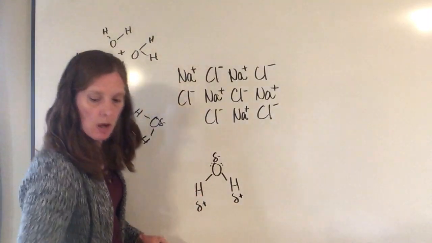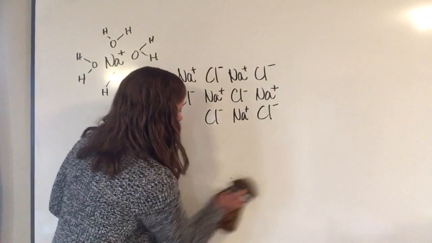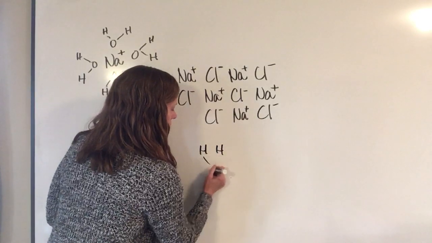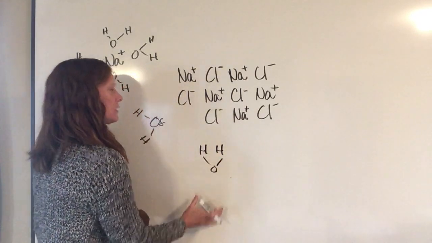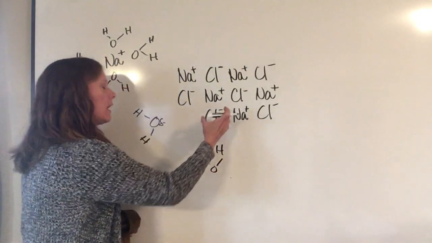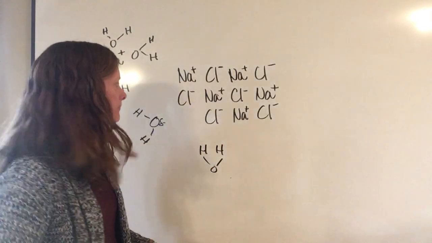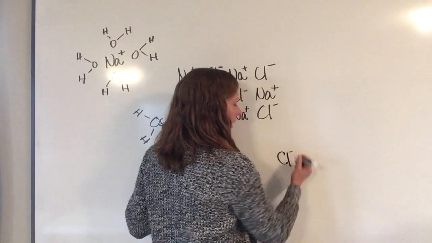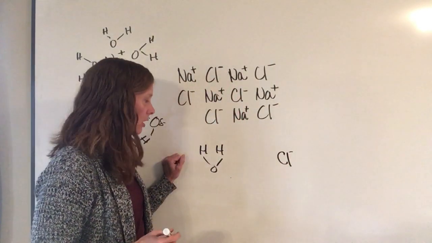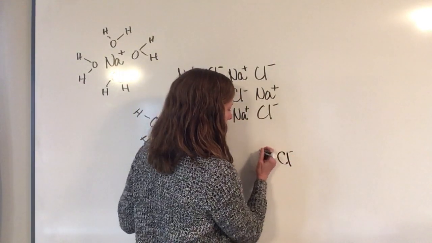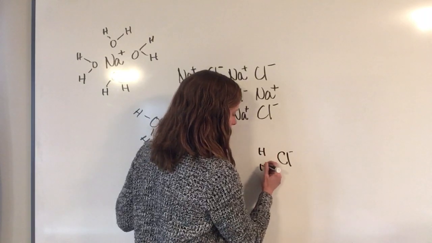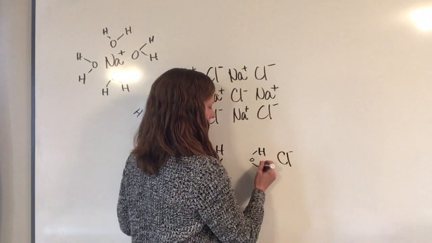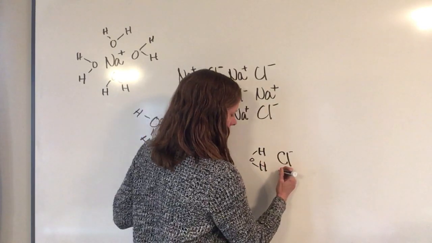So this time the water molecules are going to be coming at it from this direction with the hydrogens pointed towards the chlorine, and they're going to start banging into it and starting to pull that away. And so again, eventually what you're going to have is you're going to have this chlorine ion in the middle, and then you're going to have the water molecules completely surrounding it like that. I didn't draw that very well, but I think you get the idea.